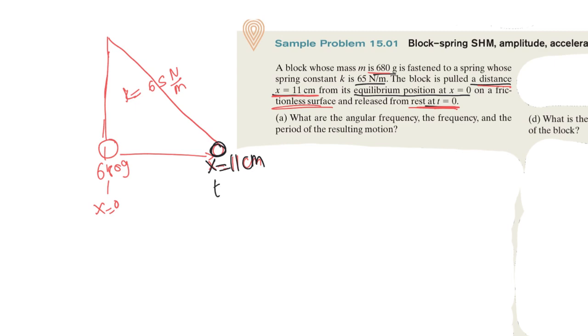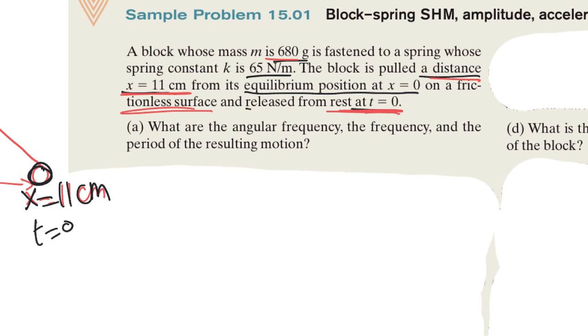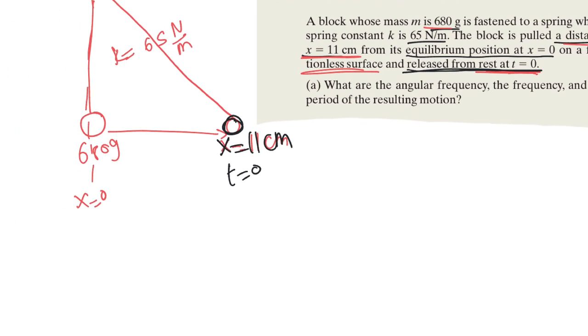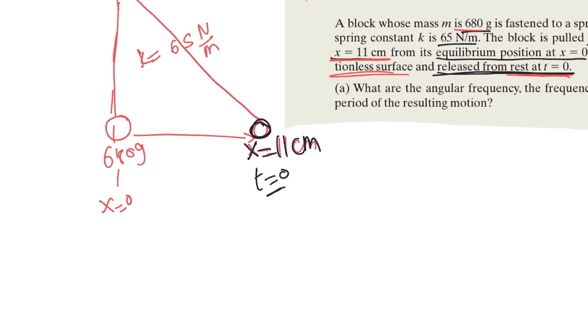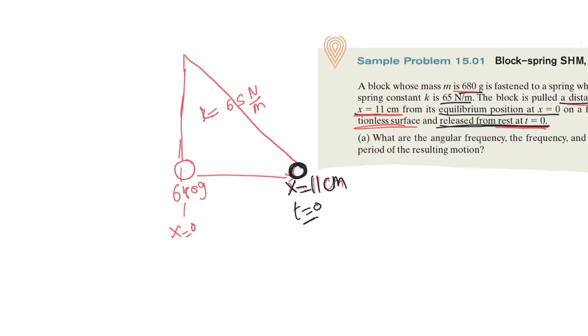So here the time is 0. Why? Because they say released from rest at t equal to 0. It means the time starts in this position, and at this position at time 0 the block is released.